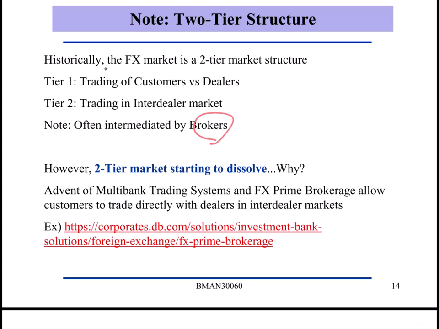However, nowadays, because of the multi-bank trading system and the FX prime brokerage structure, any customer can trade directly with dealers in the inter-dealer market. If you are interested in what these are, just visit this website for more information.